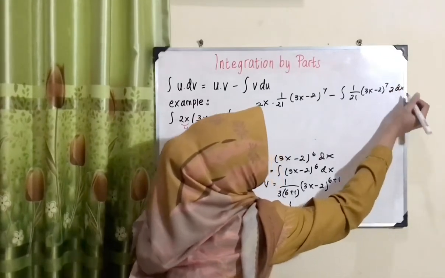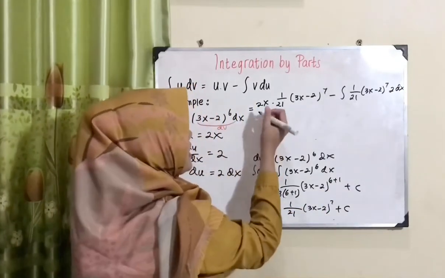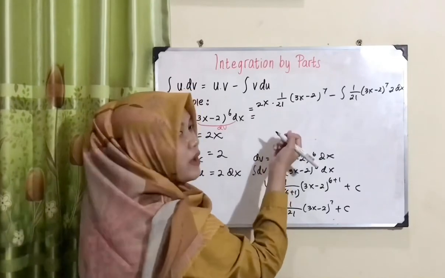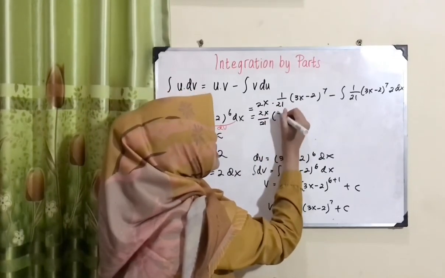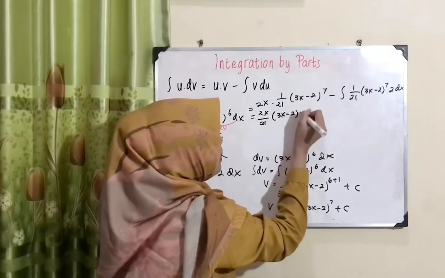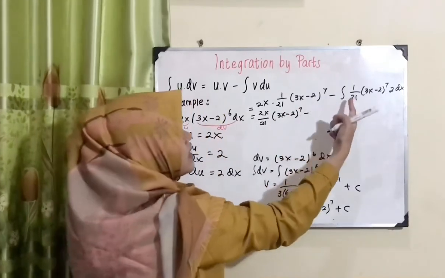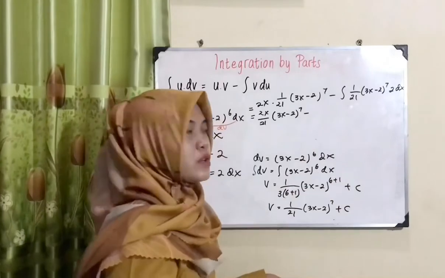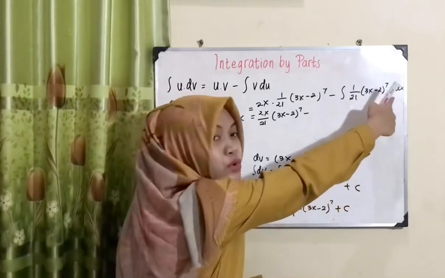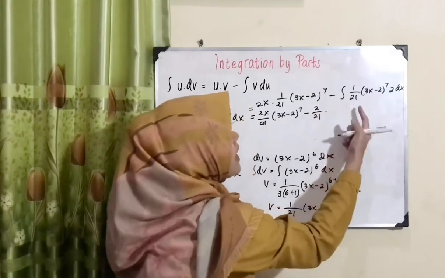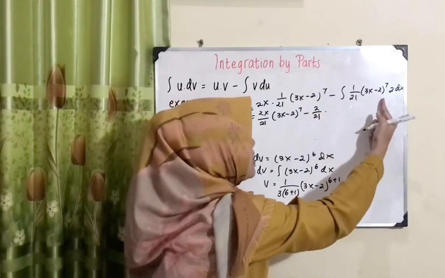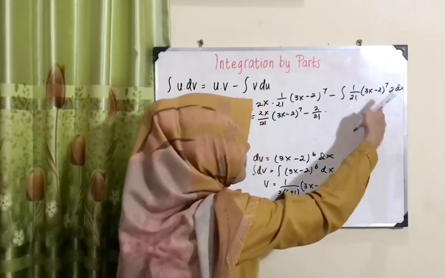After that, we have the value 2x over 21 times (3x minus 2) to the power of 7 minus, this coefficient 1 over 21 and then times 2. We can write 2 over 21 and then the integral of (3x minus 2) to the power of 7.